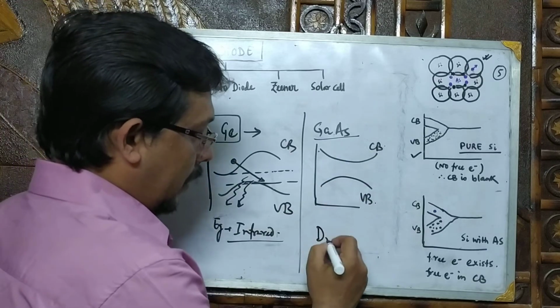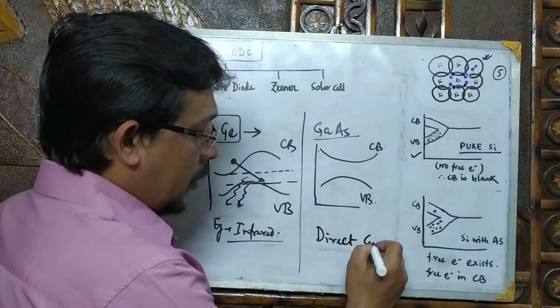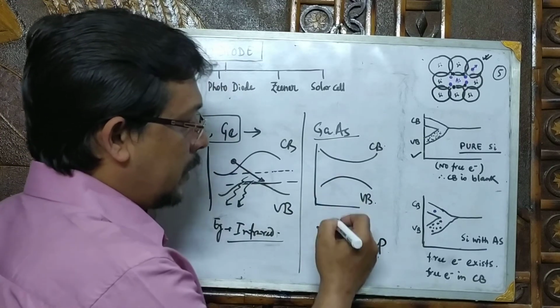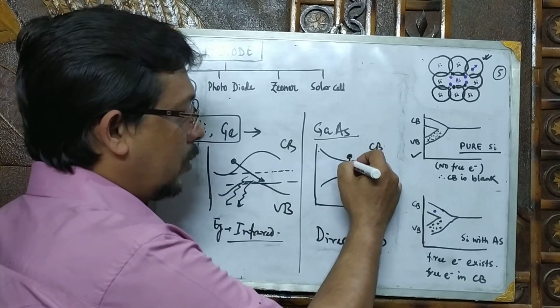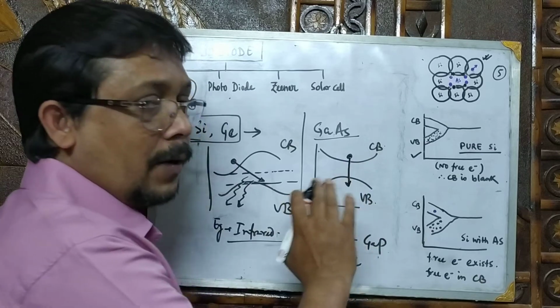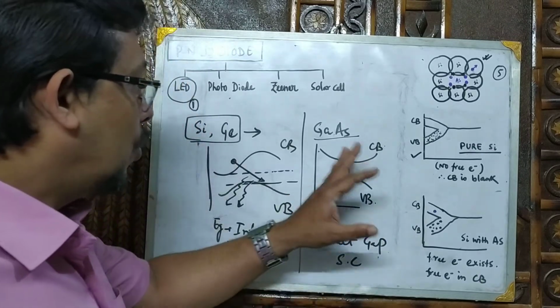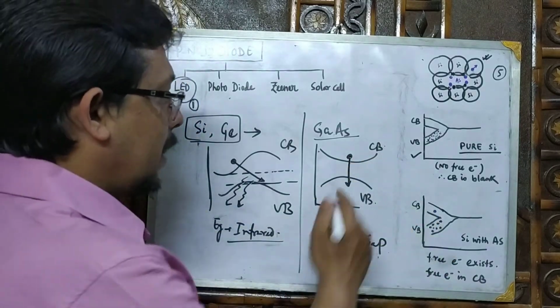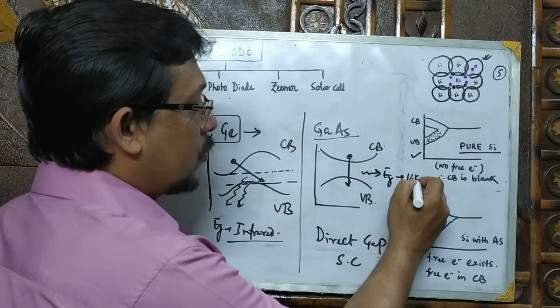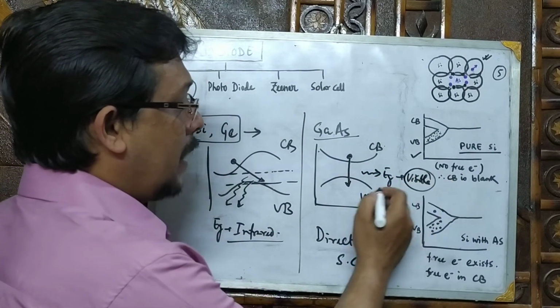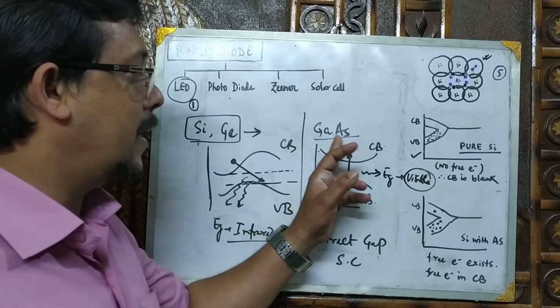We call these direct gap semiconductors. Then the electrons are in the same momentum level, so the electron can easily come down without any change of momentum. So the energy coming out is more, and this energy is in the range of visible light. So we can get visible light from this type of semiconductor, gallium arsenide.